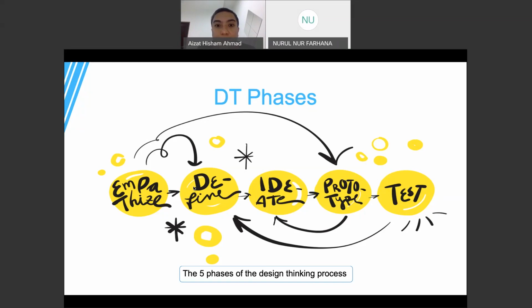Put it in such a way like this. You are going to break fast this evening, right? And when you're going to break fast, you have to empathize to know what you want to eat, empathize with yourself, or if you have family, you want to know what the family wants. Some might have different dietary restrictions.